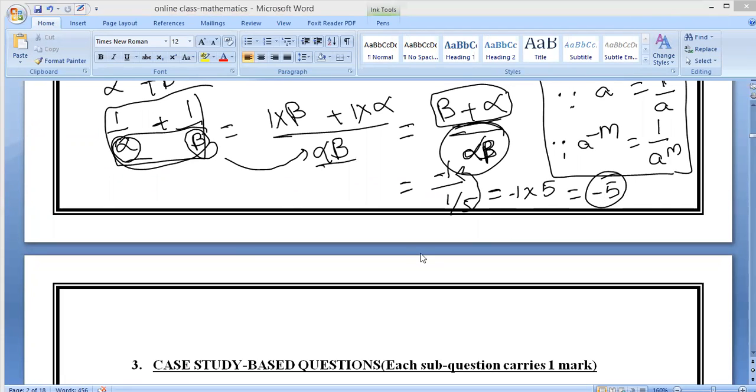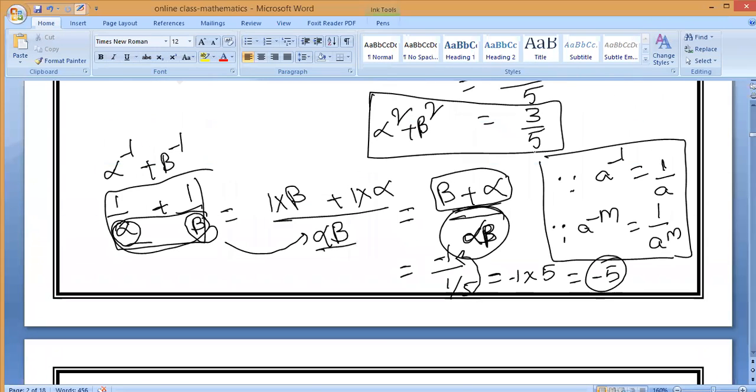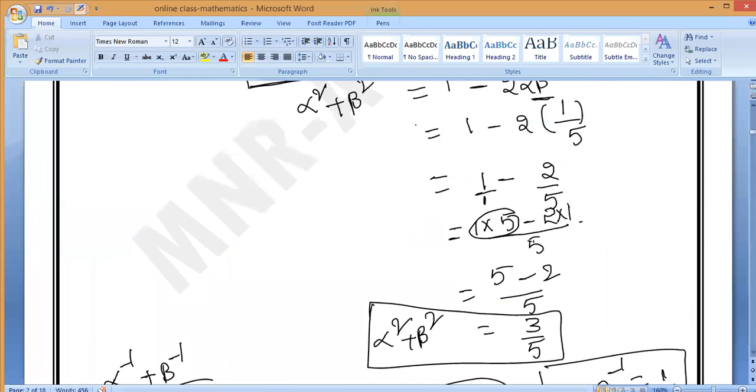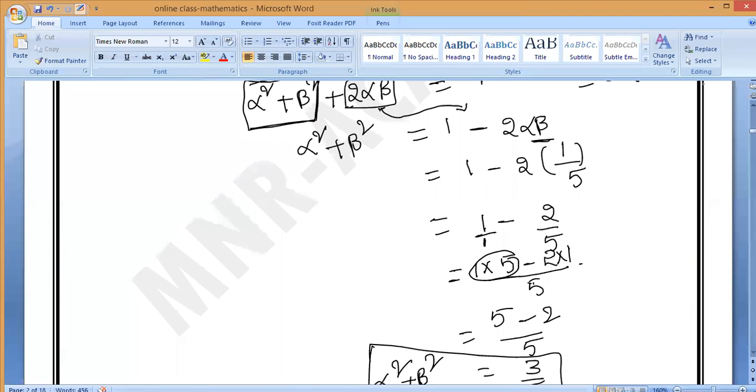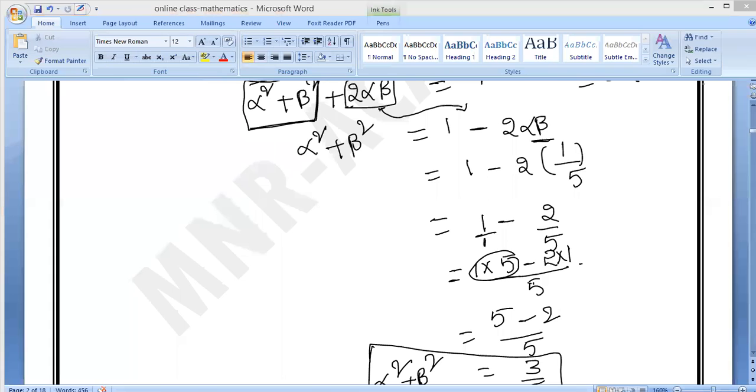Have you completed this question? All of you? Completed, sir. If it is completed, then you can go for the next question. Prahasini, have you completed? Akshaya, Kevin, Karthikeyan, Pushpa?